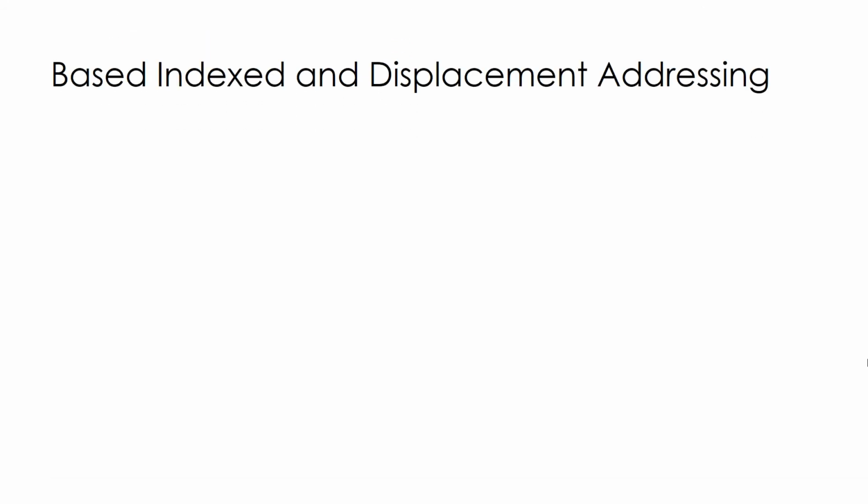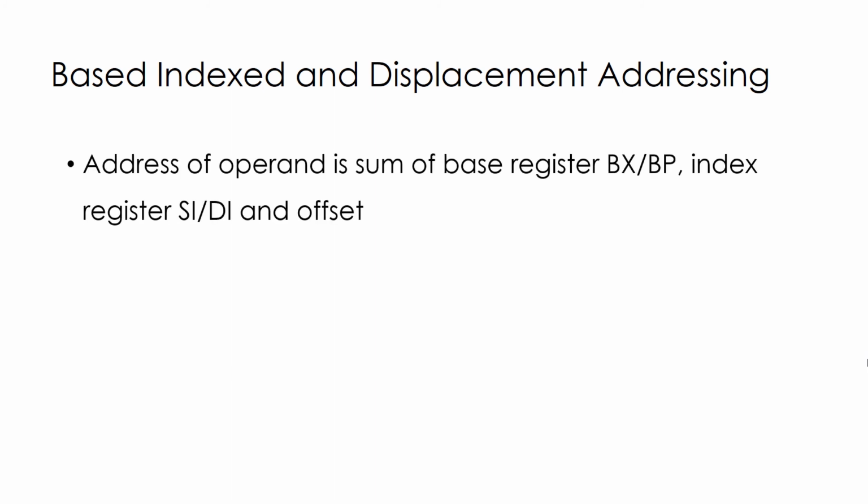Based indexed and displacement addressing. In this, effective address of operand is sum of the base register BX or BP, index register SI or DI, and offset. For example, MOV AX, [BX+SI+02].